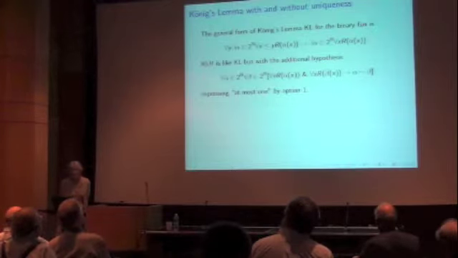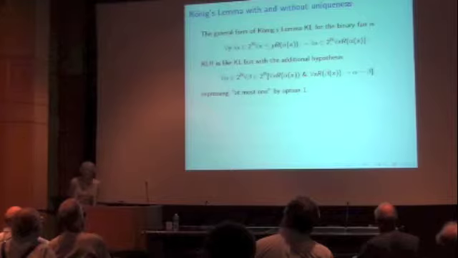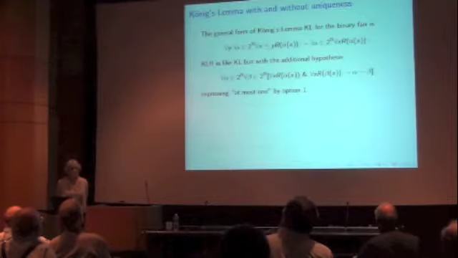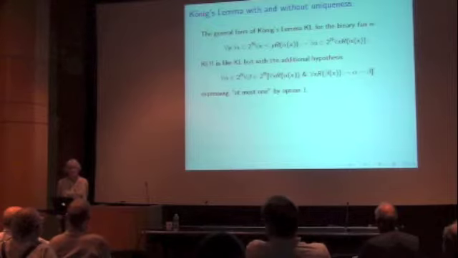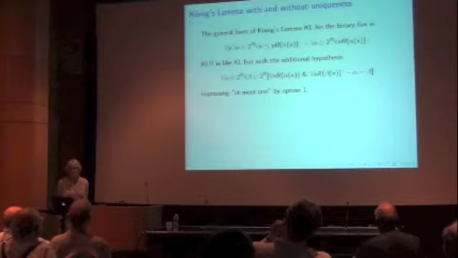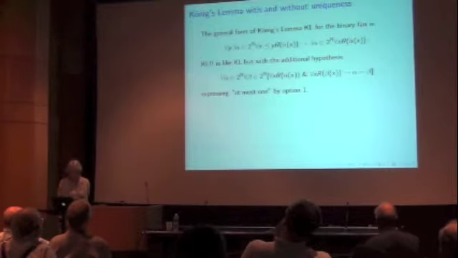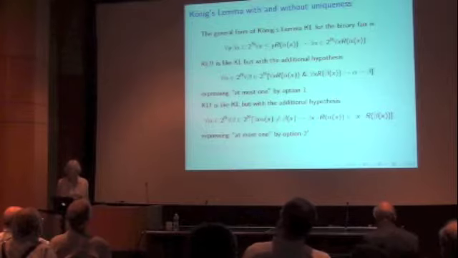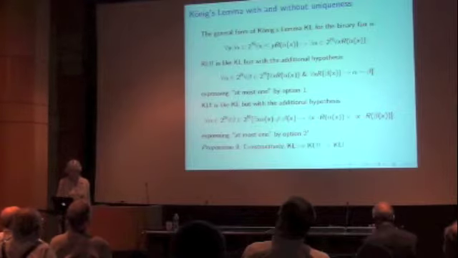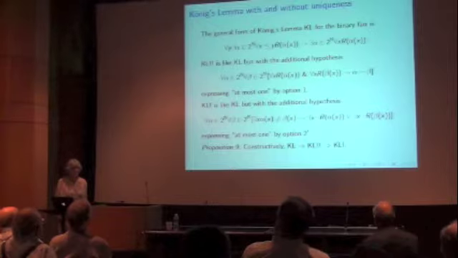KL W-unique is like KL, but with the additional hypothesis, option 1: R is a predicate such that if there are 2 infinite paths, then they're the same. And of course, you could also use option 2 to get a KL unique. And of course, these are related this way.